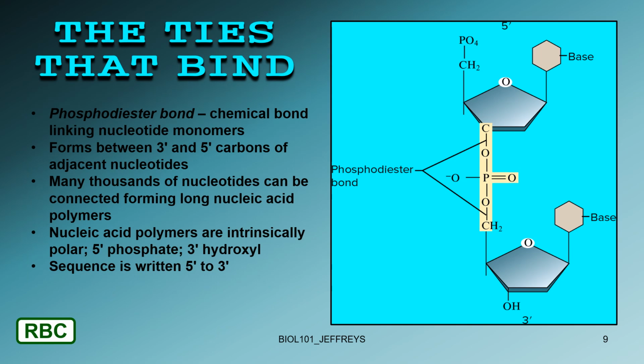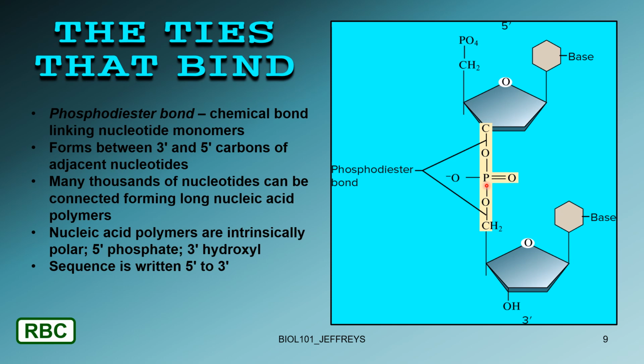So phosphodiester bonds are the chemical bonds that link nucleotide monomers. And you know this because we built strands of nucleotides back in Chapter 3, and we learned that phosphodiester bonds, by way of dehydration synthesis, right, we form those bonds, and it's phosphodiester because we're connecting this ester bond between the phosphorus.